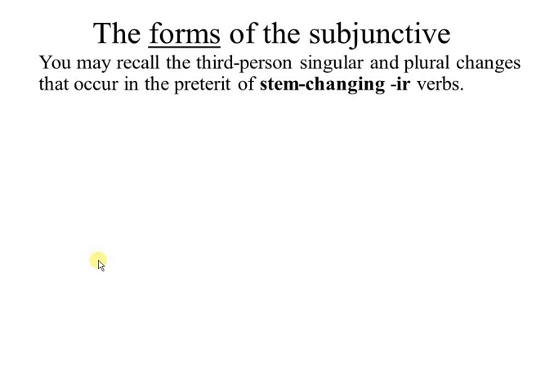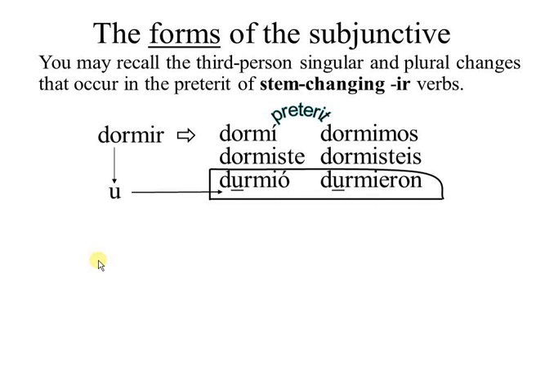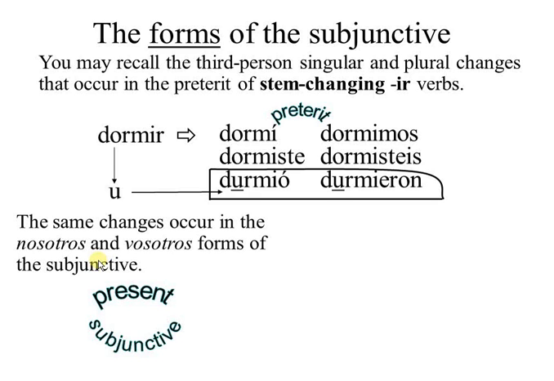You may recall the third person singular and plural changes that occur in the preterite of stem-changing IR verbs. For example, dormir, in the preterite you say, yo dormí, tú dormiste, él durmió, nosotros dormimos, vosotros dormisteis, ellos durmieron. Remember that change from O to U? Well, we are going to apply that in the present subjunctive, but only in the nosotros form.